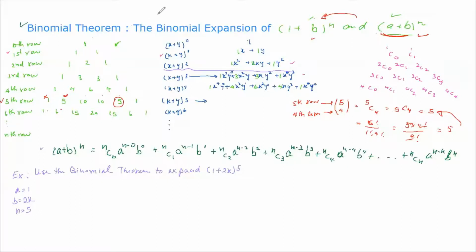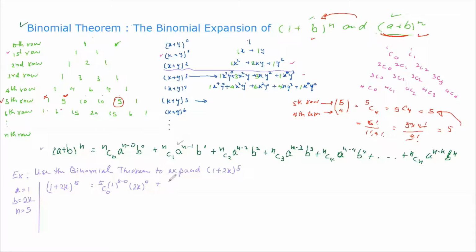From this one, we can write down now: 1 plus 2x power 5 is going to be equal to, n is 5, so you write 5C0, a is 1 so you write 1 power 5 minus 0, b is 2x power 0, plus this term now.